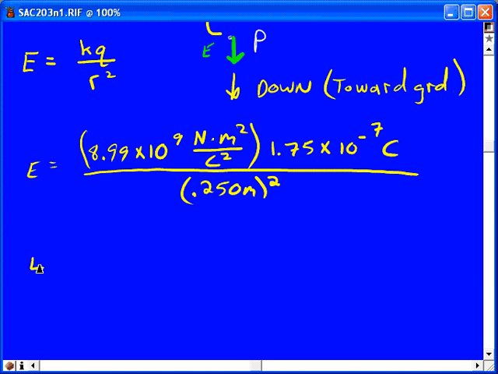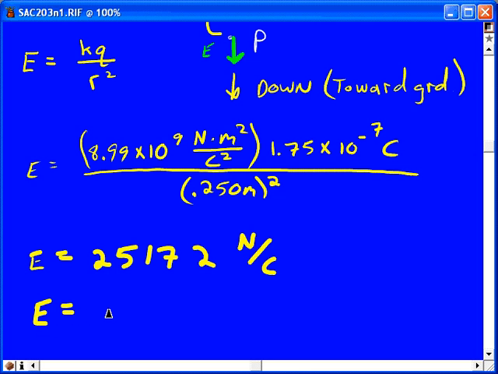When I evaluate it, I get E is 25172 newtons per coulomb, or we get 3 sig figs in each of these values, so I should round it to 3 sig figs. I get E is equal to 25.2 kilonewtons per coulomb.